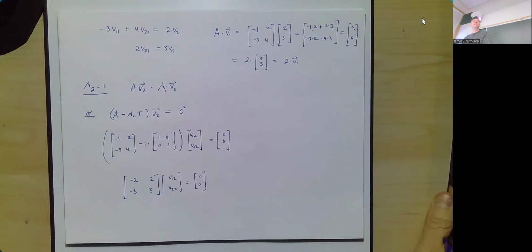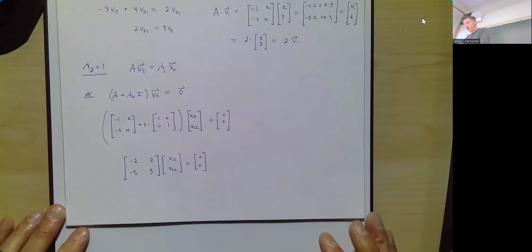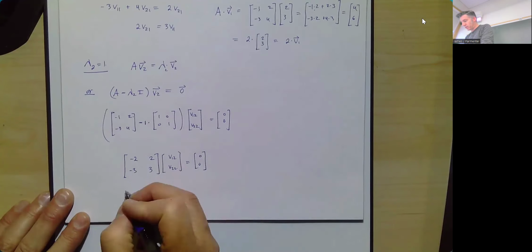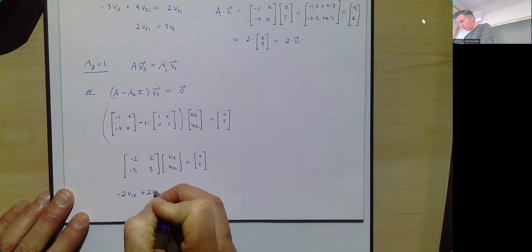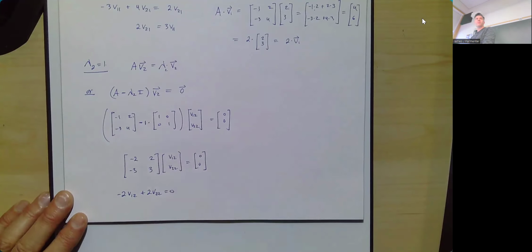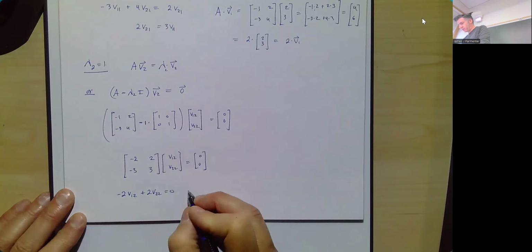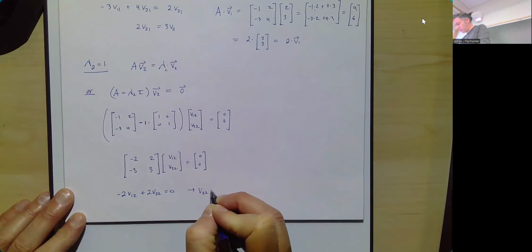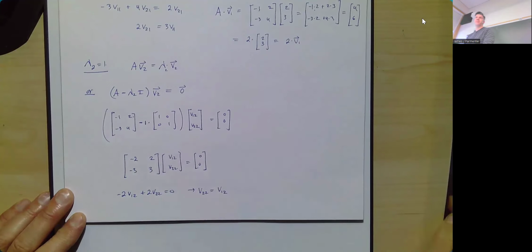And now it might even be easier to see how much the same these equations are. If I actually do the multiplication out, the first equation is -2 v12 plus 2 v22 equal to 0, or in other words, v22 equals v12.